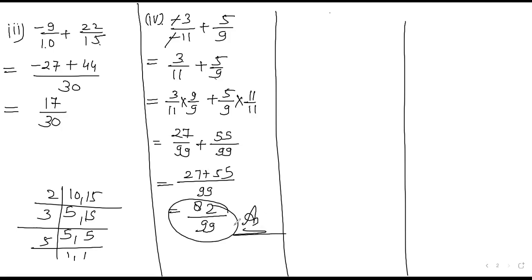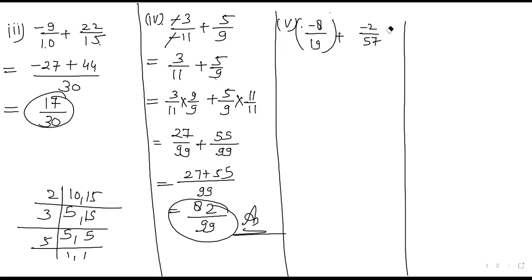This will be the answer for the fourth part. Next, fifth part I'm talking about, minus 8 upon 19 plus of minus 2 upon 57.